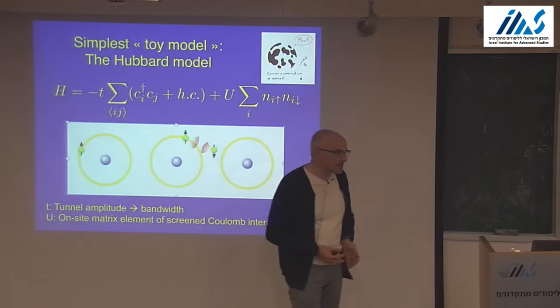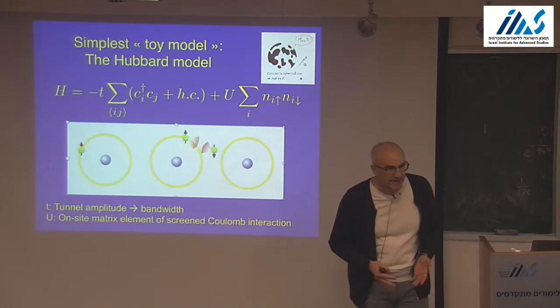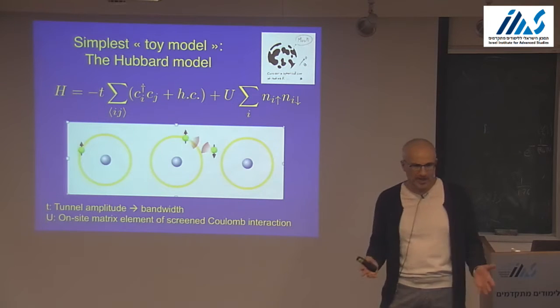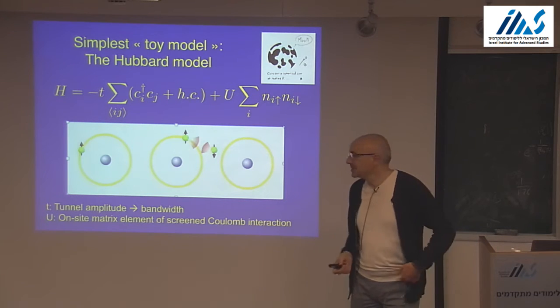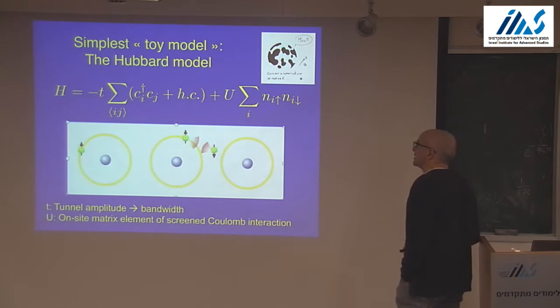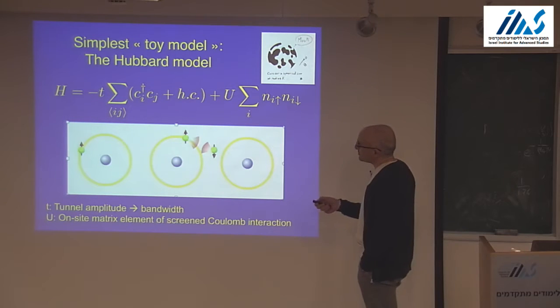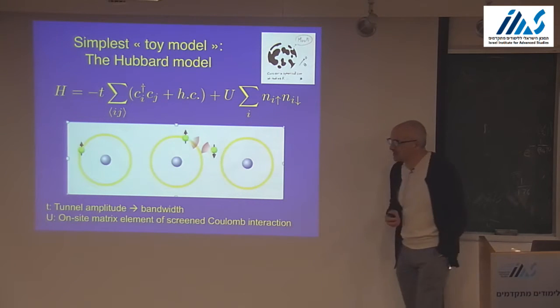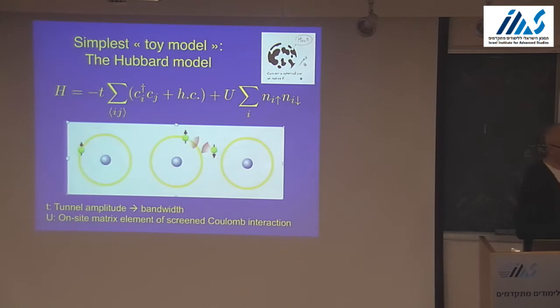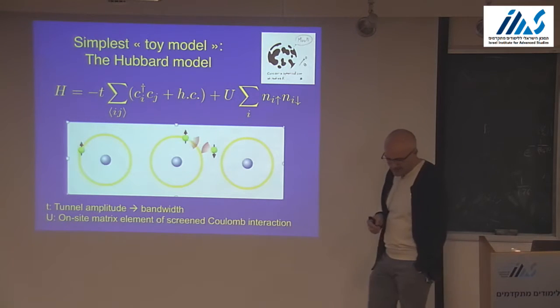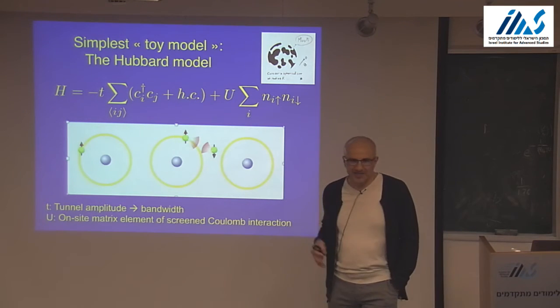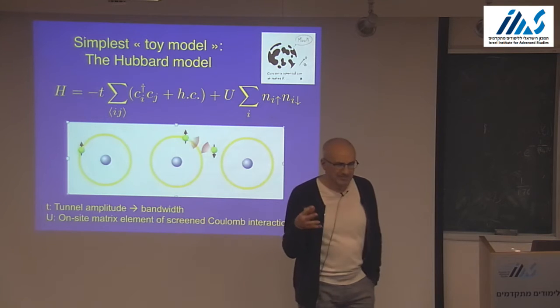The Ising model is the simplest model you may want to write. It's very rarely a realistic model, but who cares? It's a good enough toy model that captures the main thing. And the Hubbard model, to a large extent in this field, plays a very similar conceptual role to the Ising model. With a little catch, however, which is that people can now realize the Hubbard model in the lab.